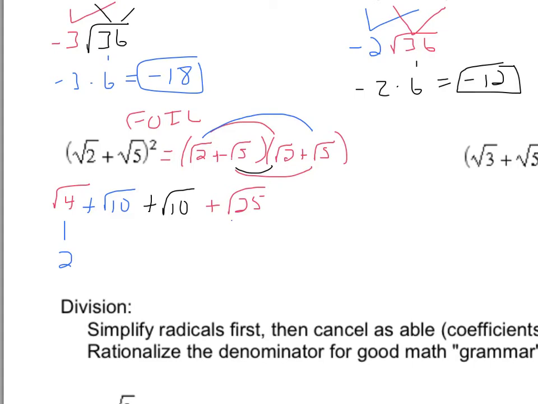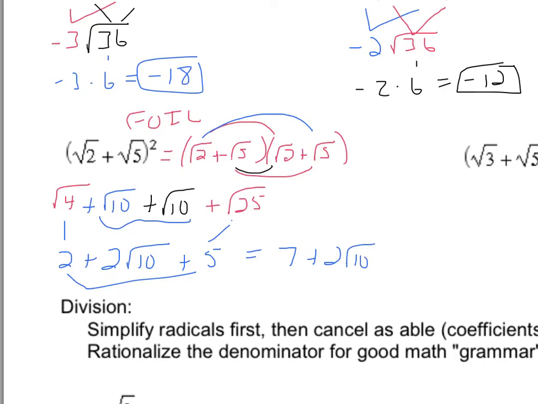We have root 10 and root 10, which are exactly the same. So it's just adding like terms. So we have 2 of them. And root 25 is 5. So these are like terms. We're adding them, not multiplying them. So we have 7 plus 2 root 10.